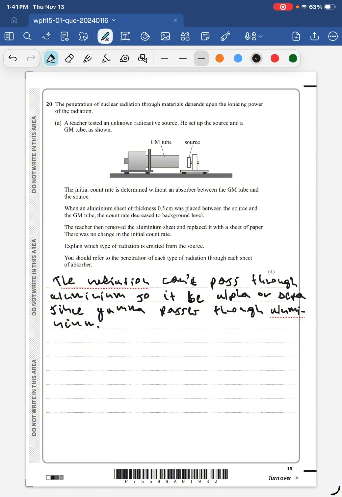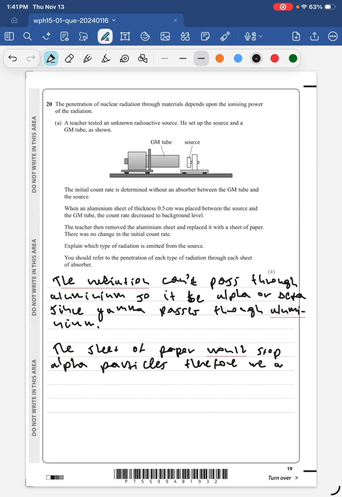But the sheet of paper will stop alpha particles, okay? Would stop alpha particles. Therefore, we are dealing with beta particles, which is the answer.